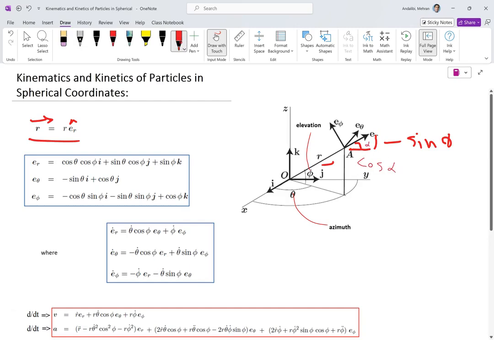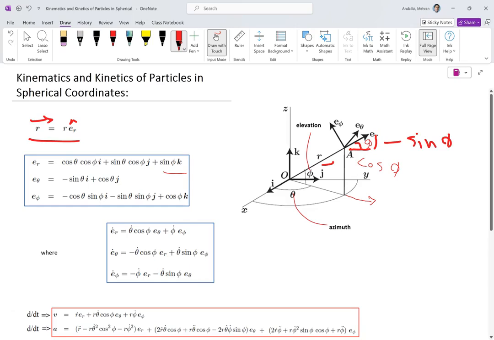And as I said, this angle is phi, not alpha. So you see that the z component is going to be sine phi, as you can see here in the k direction, but the horizontal component is cosine phi, which is now going to be projected along this line.